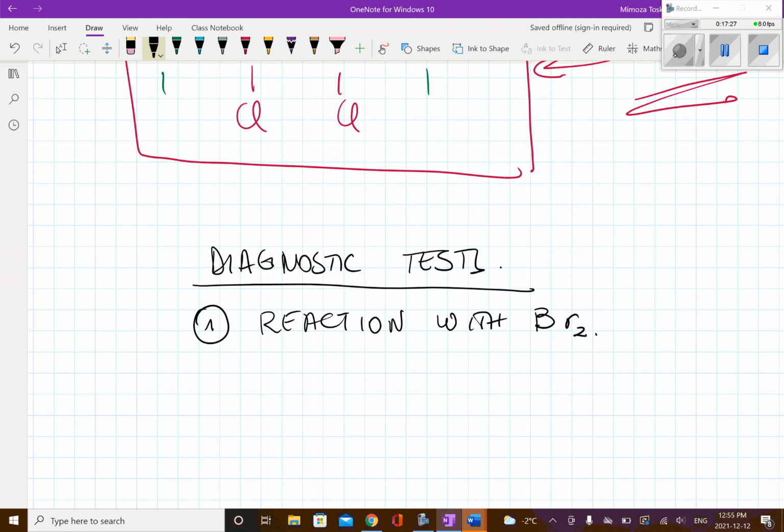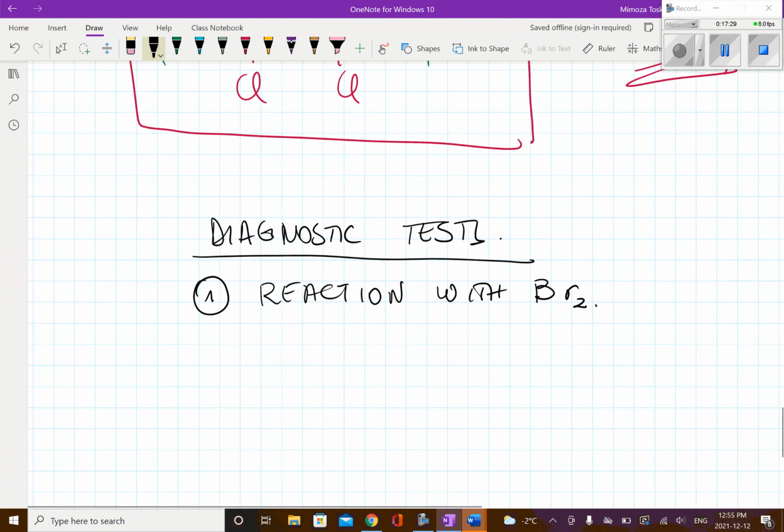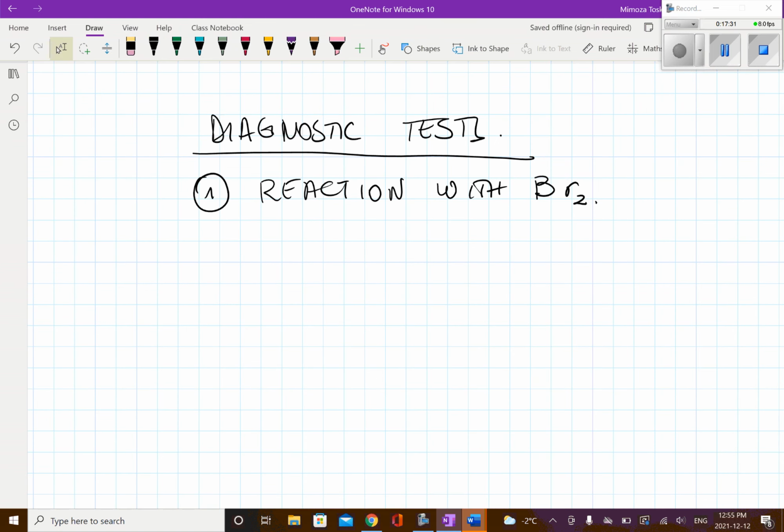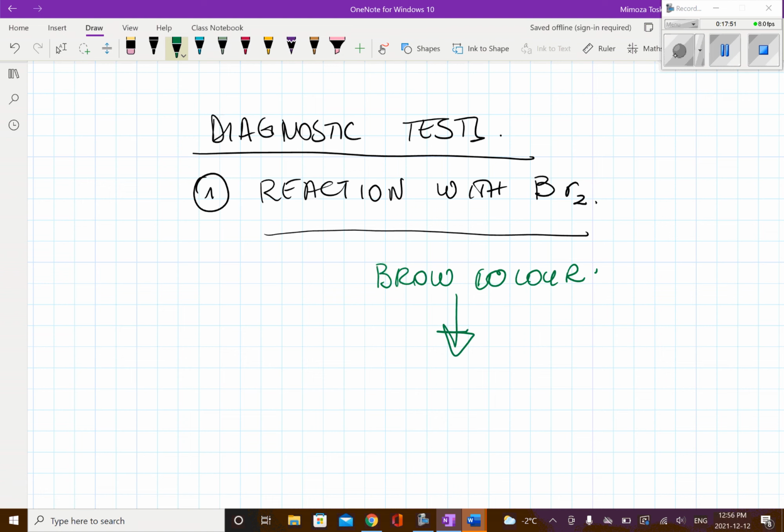What we notice is that when bromine is added into a hydrocarbon, bromine itself has a brown color, and if the reaction is happening, then it turns colorless.